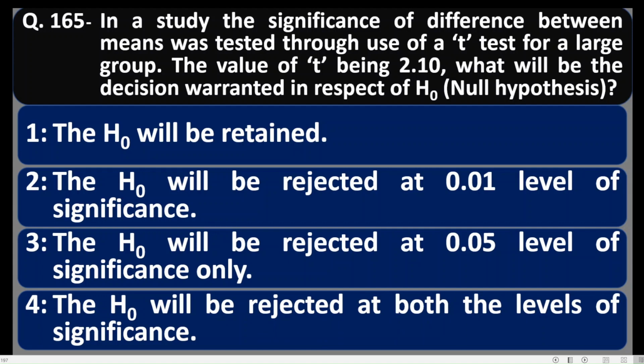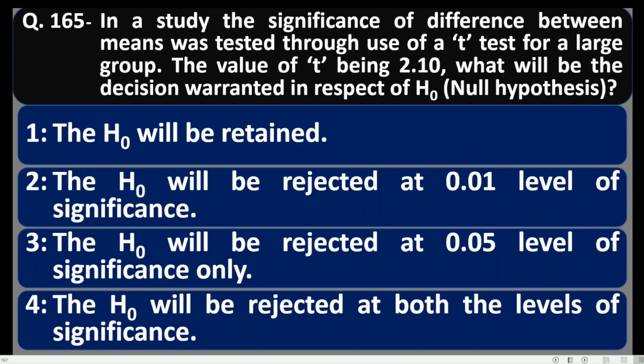Friends, here the t value is given as 2.10 and a large sample is there. According to the t table, if a large sample is there, then the required t ratio is 2.58 for significance at the 0.01 level.